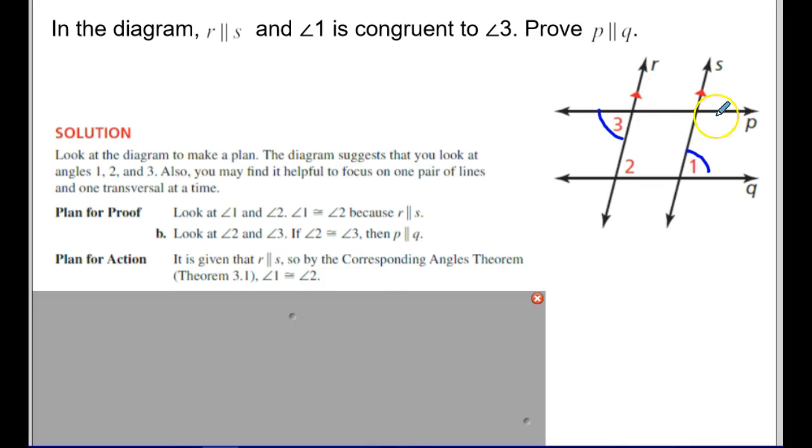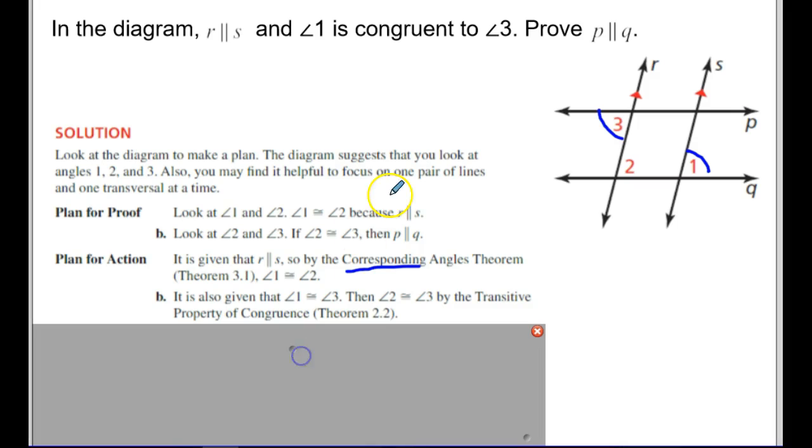So here are my givens: R is parallel to S, so I know that 1 and 2 are congruent by corresponding angles, which we said. I also know that 1 and 3 are congruent because that was a given. So I can say that 2 is congruent to 3 by the transitive property, right? Because I've got 1 is congruent to 2, and I also know 1 is congruent to 3.